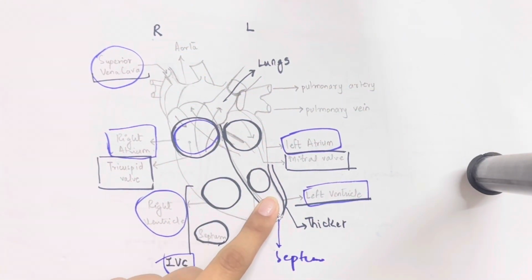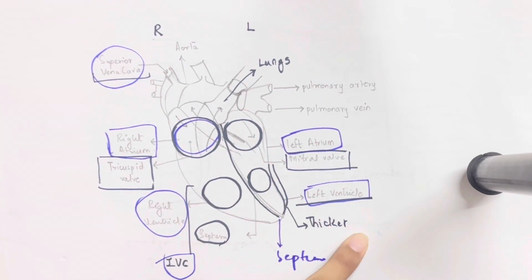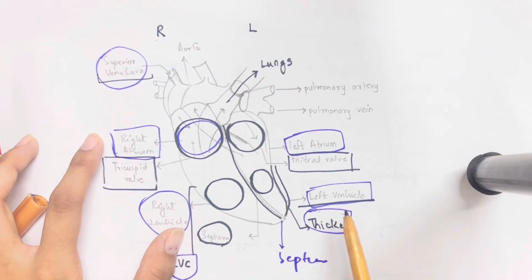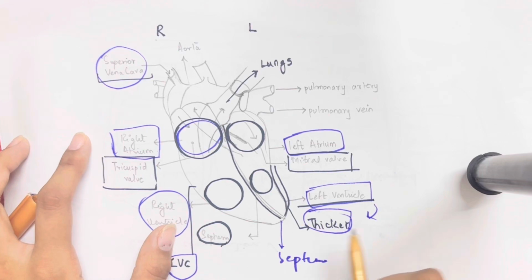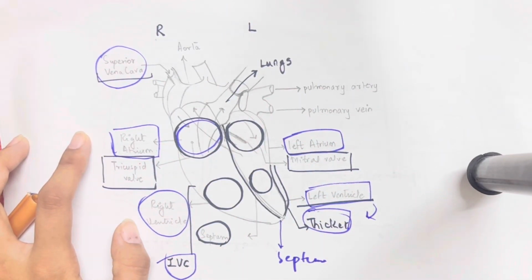Then it is supplied to the left ventricle, and then to the entire body. We have already mentioned why thicker walls are present in the left ventricle: because it has to supply blood to the entire body. This is the visual understanding of a human heart.